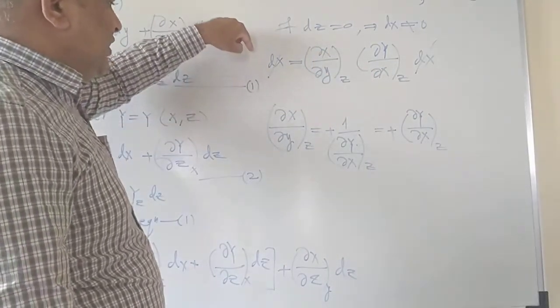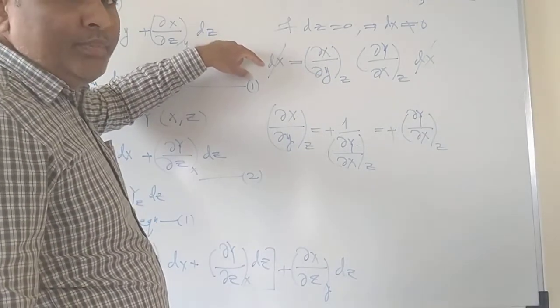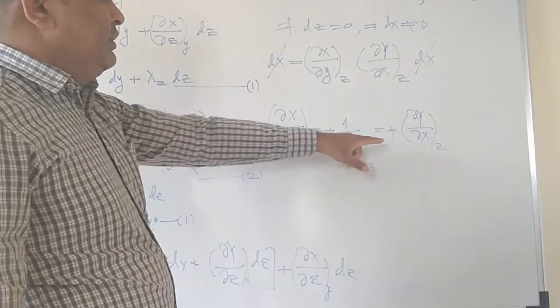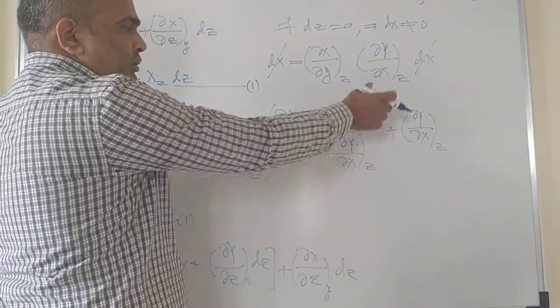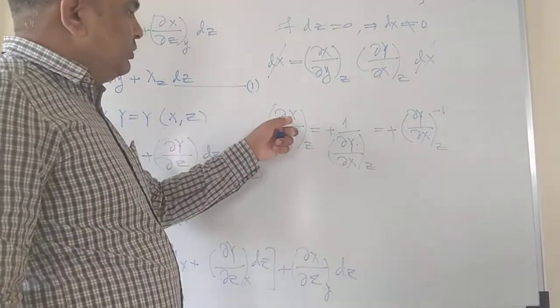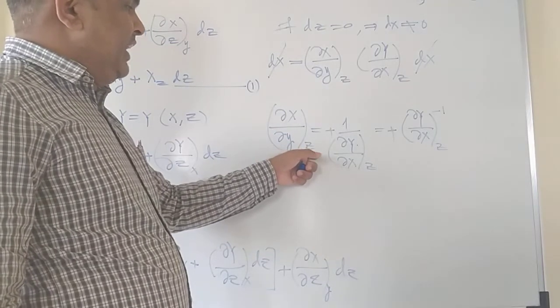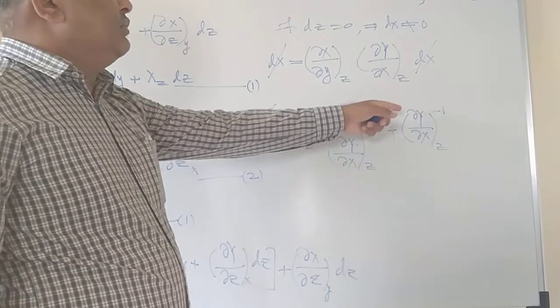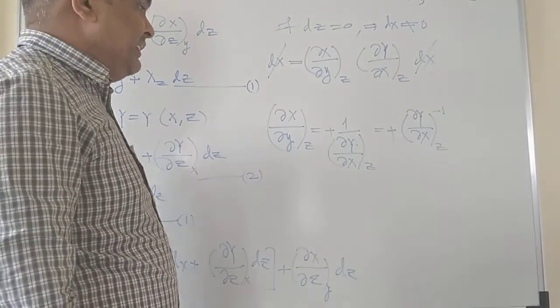This is just shifted to the other side, so a multiplied term becomes divided with a positive sign, not negative sign, please remember. And if I want to write this denominator in the numerator, this will become inverse. So this gives me dou x by dou y when z is constant can be written as dou y by dou x when z is constant, its inverse.